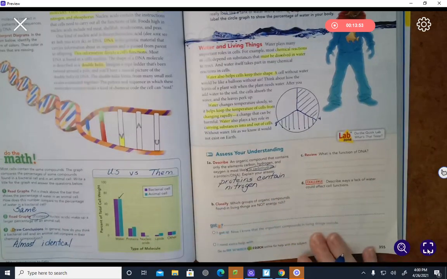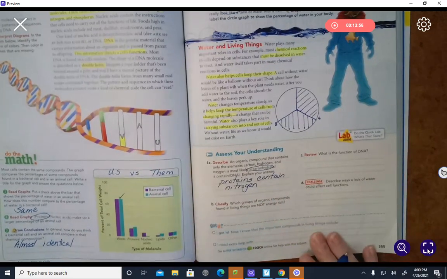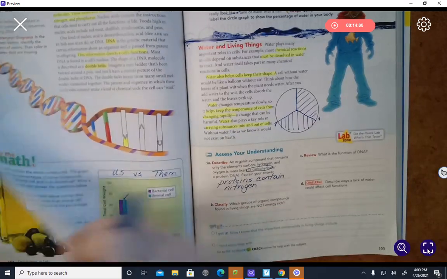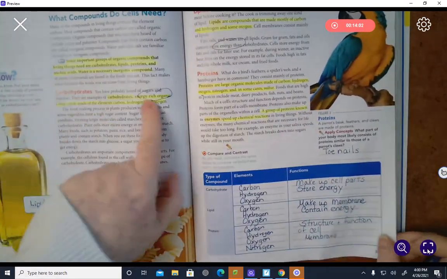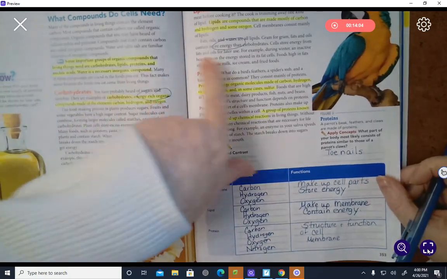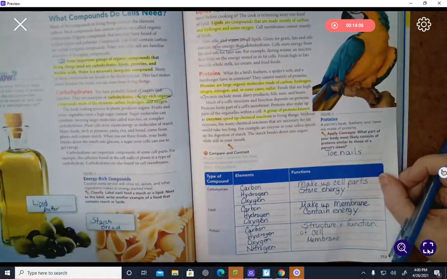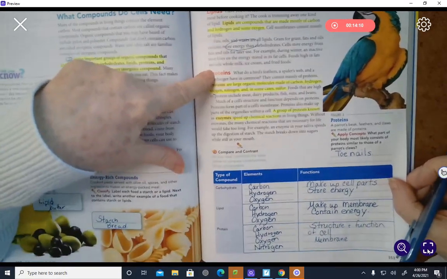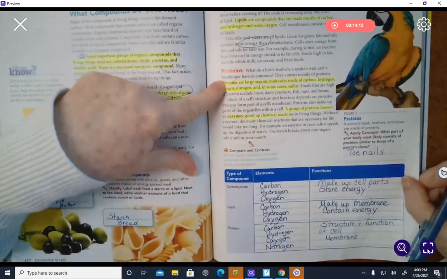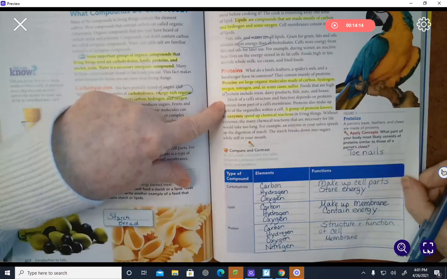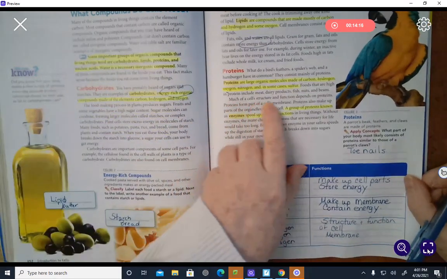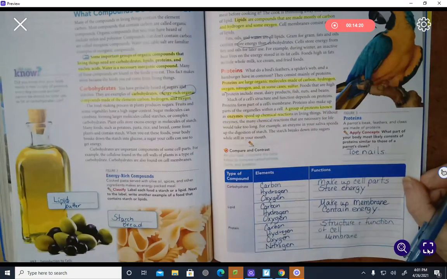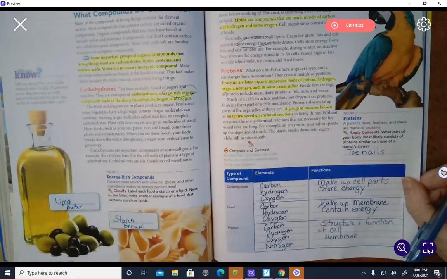Which groups of organic compounds found in living things are not energy rich? All I did was come over. I see carbohydrates are energy rich. I see the word energy in lipids, but I'm looking over here and it just seems like proteins contain much structure and function, chemical reactions.